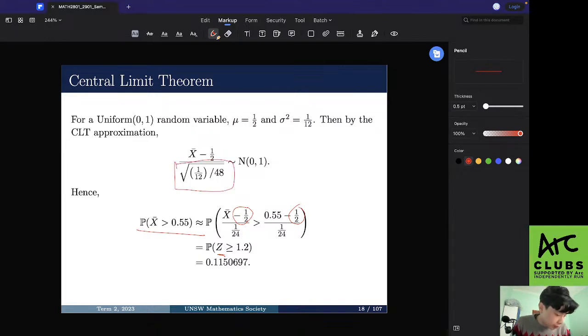And then we notice that this is equivalent to the normal distribution Z, right? And we essentially just calculate this number to be 1.2. And based on maybe a z table or an output from R, we can show that this probability is 0.115 and so on.